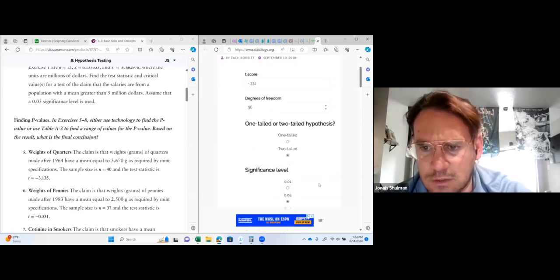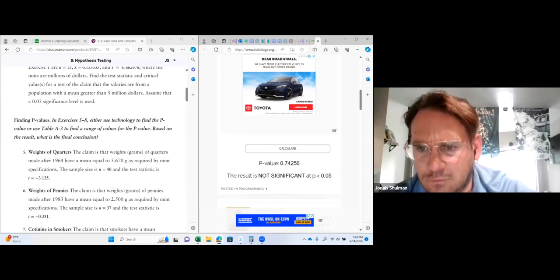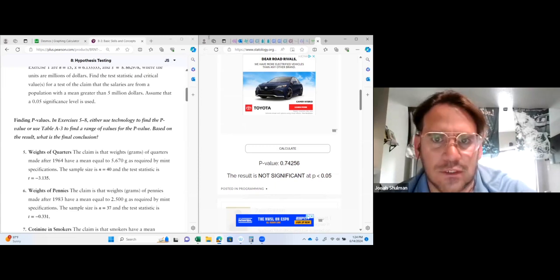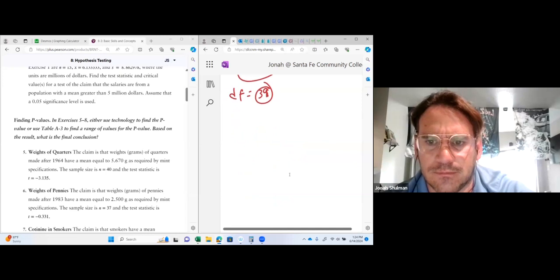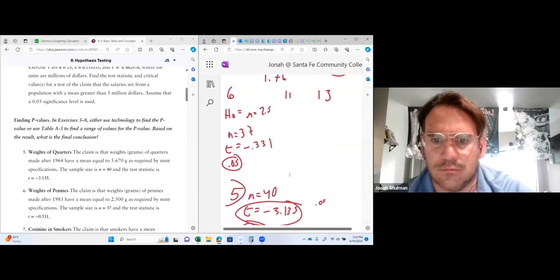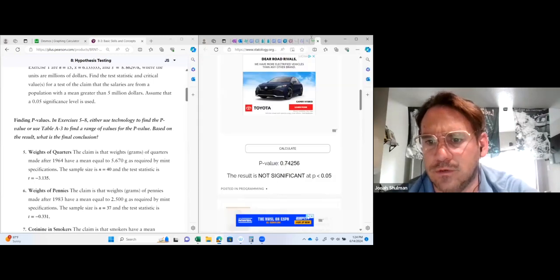This is also two-tailed. 0.7425. It's not significant. I didn't think it was going to be significant, but now we have the answer. 0.743.